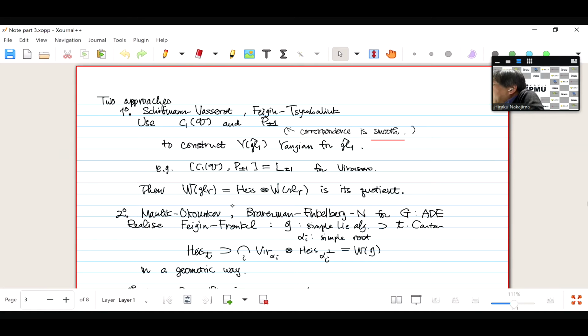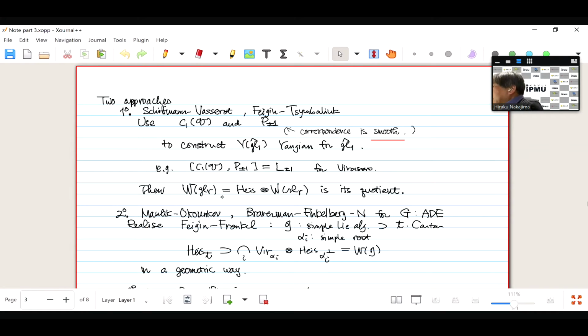So we somehow need to use an alternative description of the double algebra. For type A, we are lucky and we can use the affine Yangian to realize the double algebra. But this construction doesn't work in general.